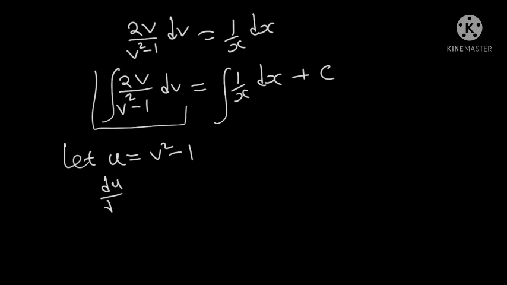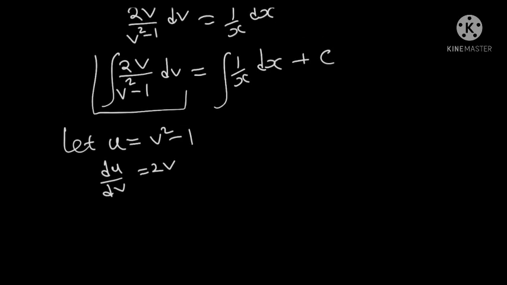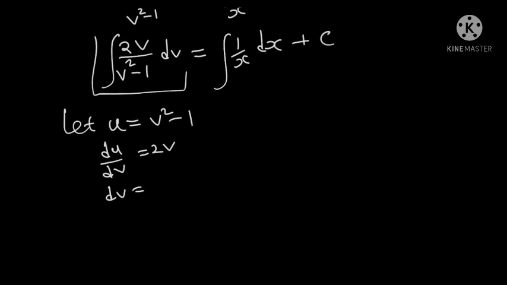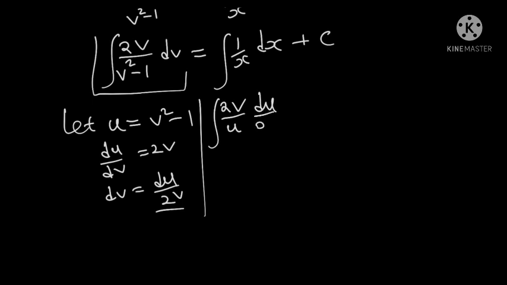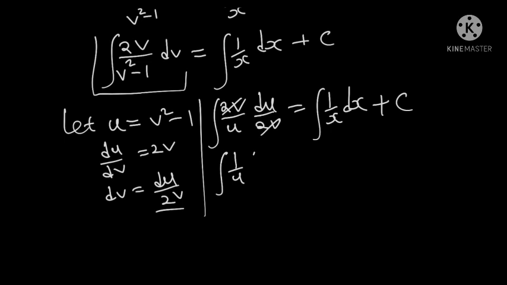Our du/dv will be equal to 2v. Therefore, our dv is equal to du over 2v. Now, let's substitute. We have the integral of 2v over u, dv is the same as du over 2v, equals the integral of 1 over x dx plus constant c. 2v and 2v will cancel, so we have the integral of 1 over u du equals the integral of 1 over x dx plus constant c.